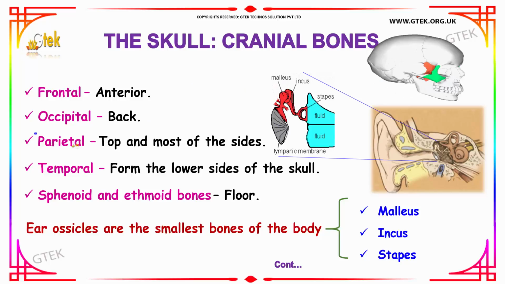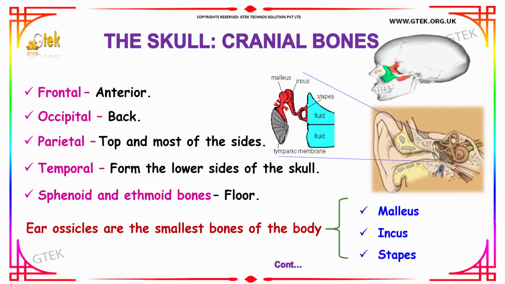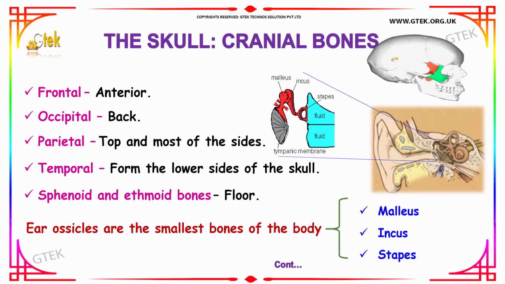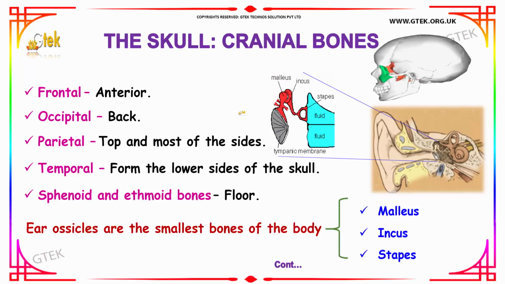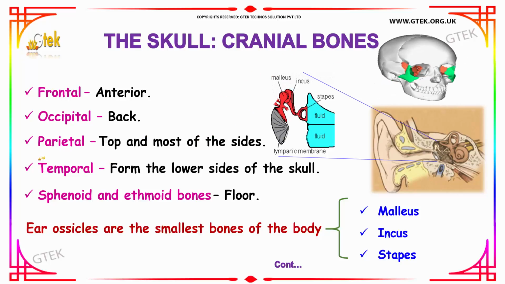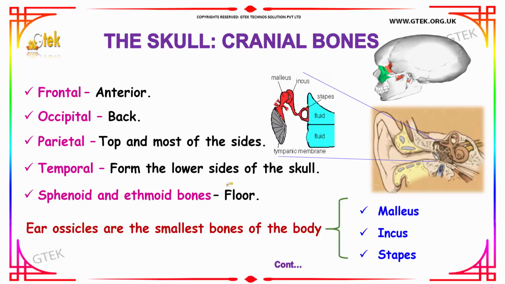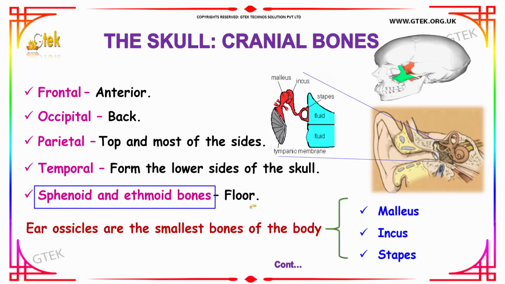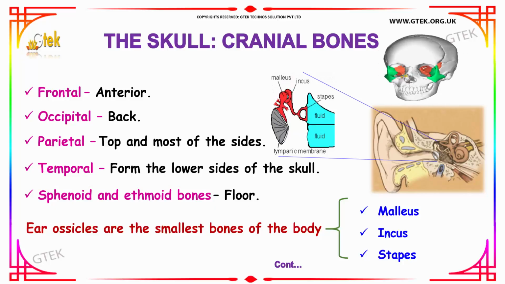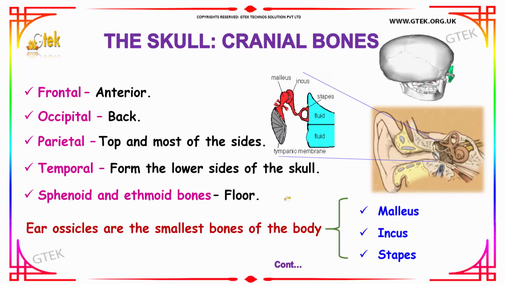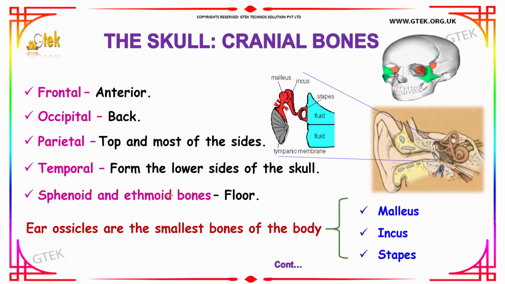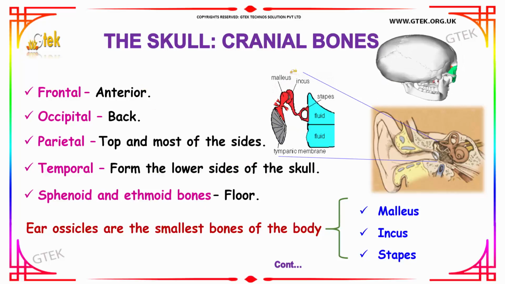Parietal is a bone that is located in the top and mostly sides of the human skull. Temporal are the bones that form the lower sides of the skull over here. Your sphenoid and ethmoid bones are found on the floor of the human skull. So these are the major bones that make up your cranial bones.